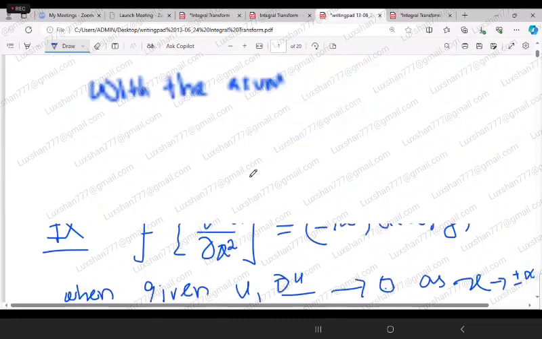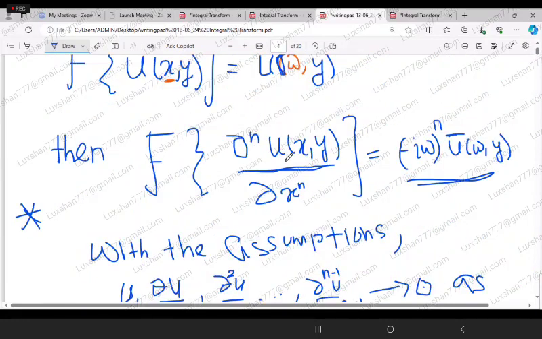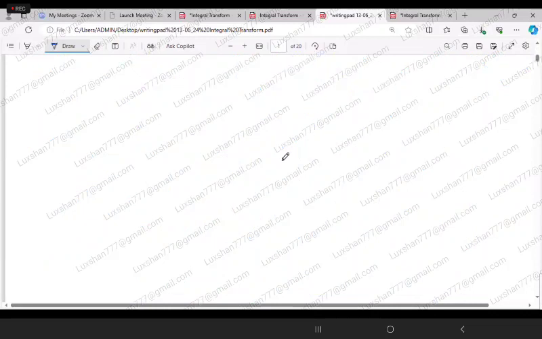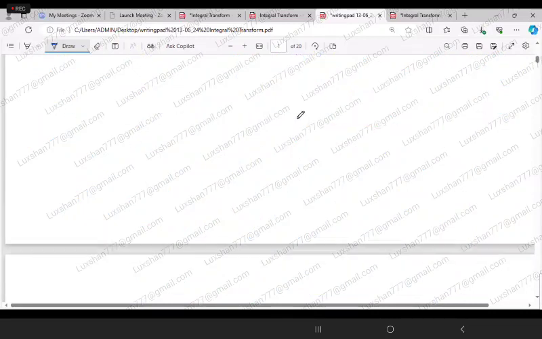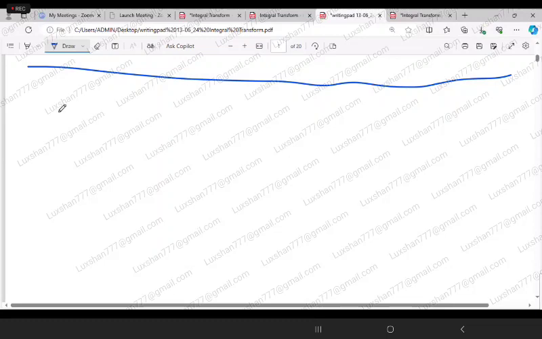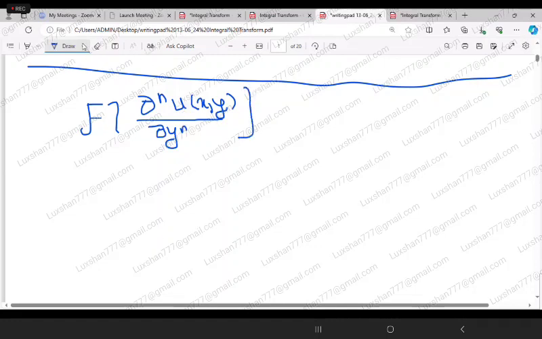The second thing, because these are important, that is why I'm writing this one: the Fourier transform of ∂ⁿu(x,y)/∂yⁿ. Now we are going to have the differentiation with respect to y, but our variable is x.